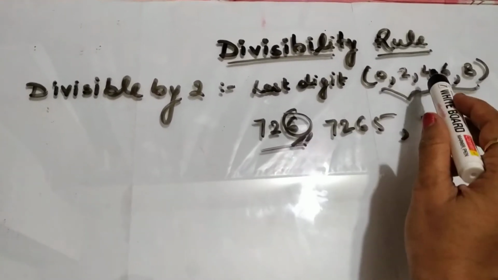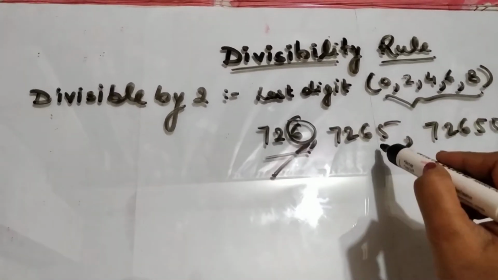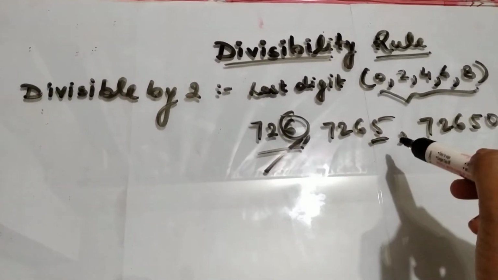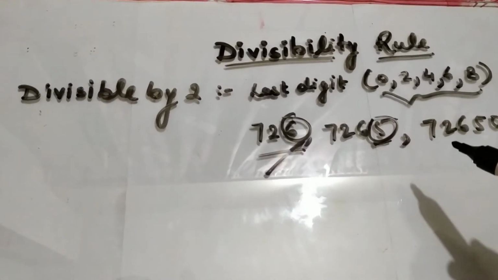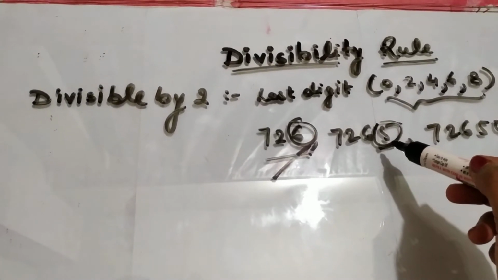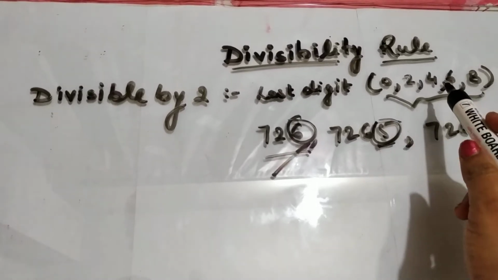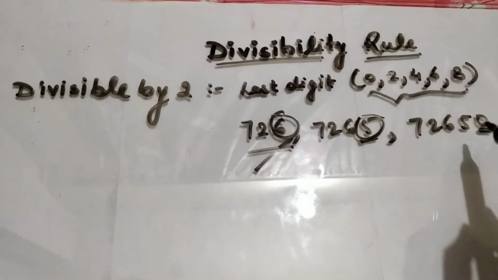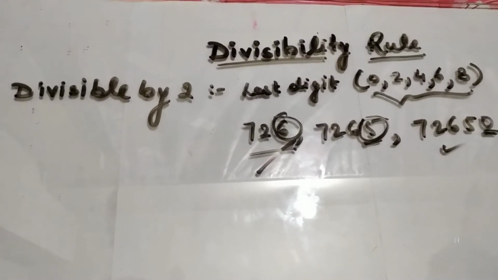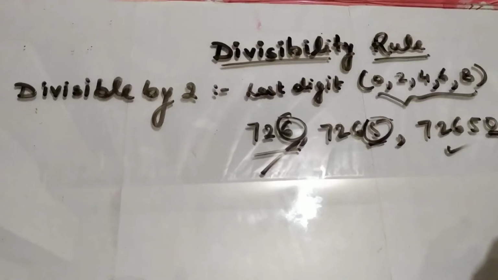It is 6, yes, it is divisible by 2. If the last digit of the number is 5, it is actually called the unit digit or last digit, so it is not divisible by 2. Now the last digit is 0, yes, it is divisible by 2. That is the rule for divisibility of 2.